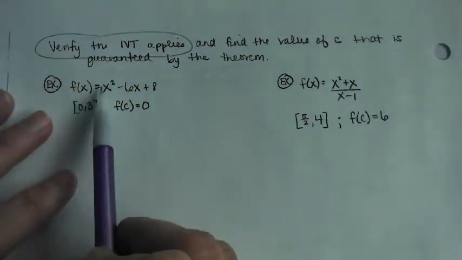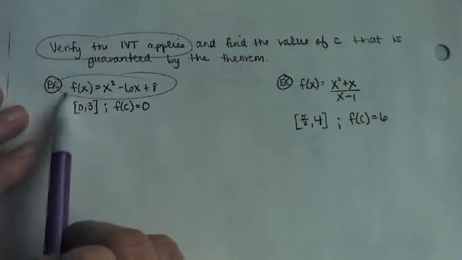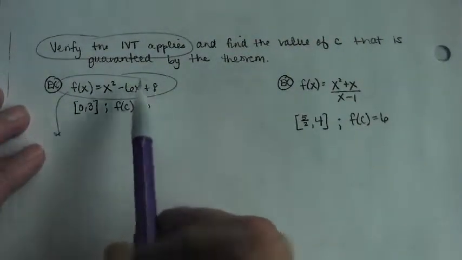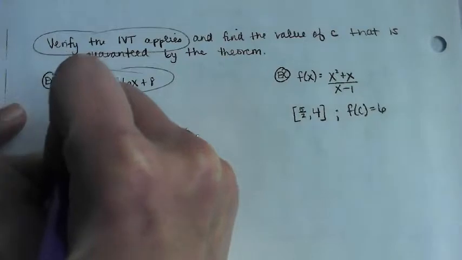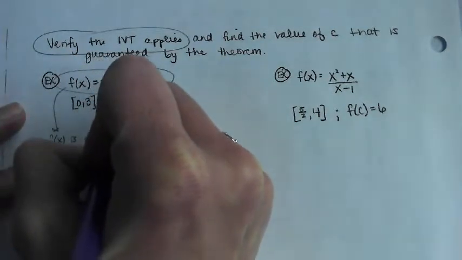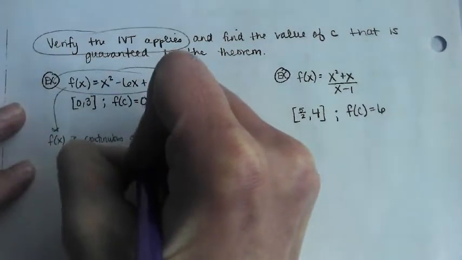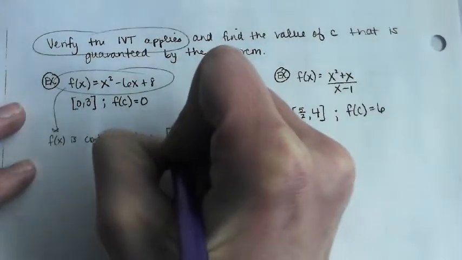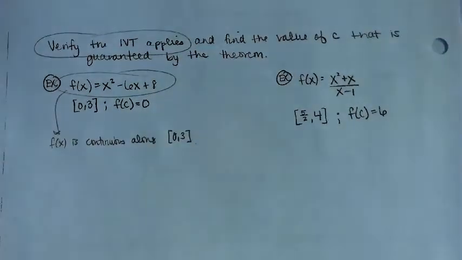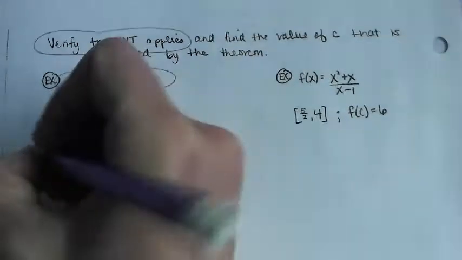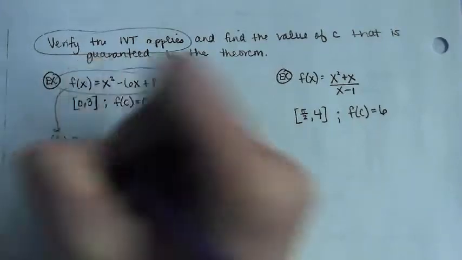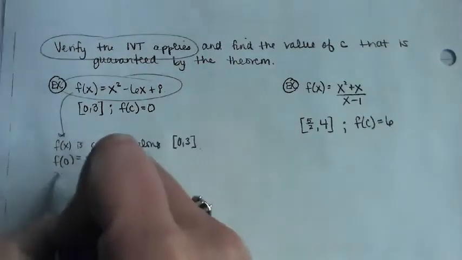So, again, just state that f of x is continuous along the given interval. Which doesn't say we have to explain it, but we all know quadratics are continuous everywhere, so not really much to worry about there. And then f of 0 is going to be 8.